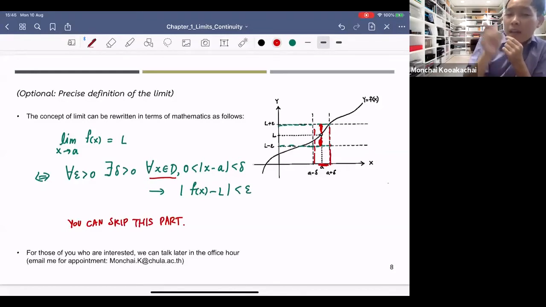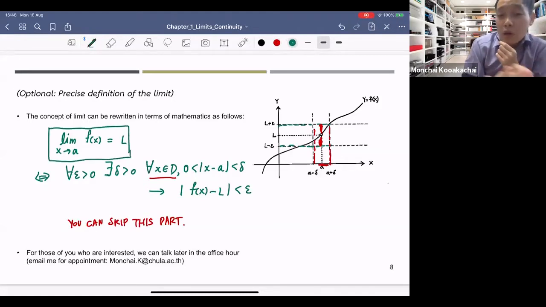But keep in mind that if you see this online or in any book, this topic is not covered for our class. So skip that. But this is the real definition of limit. For those of you who are interested, maybe you take a math minor.